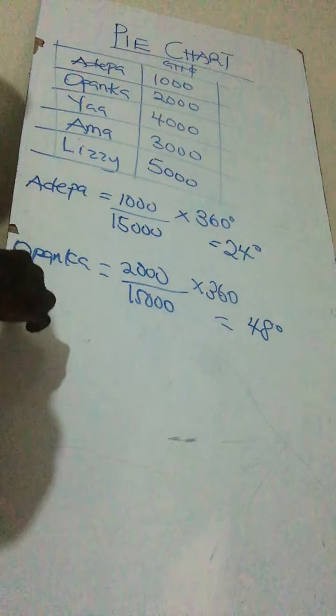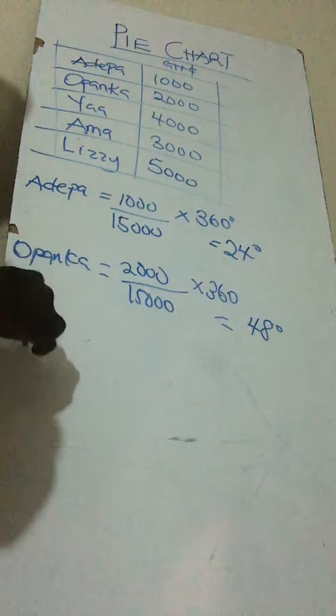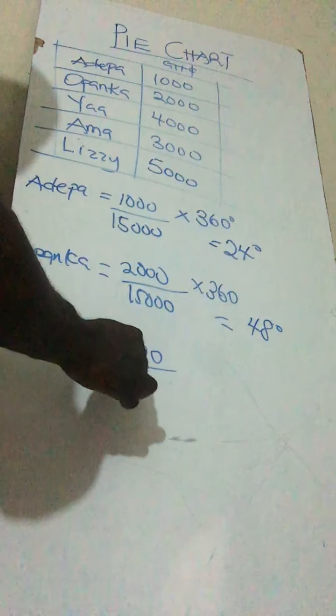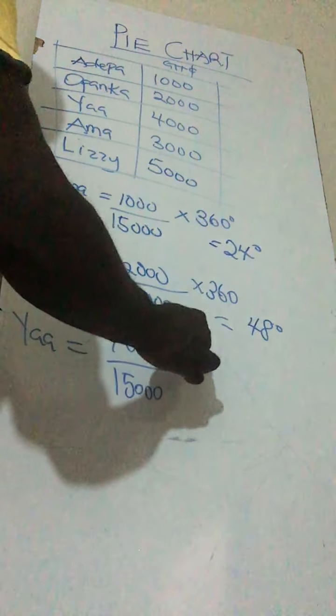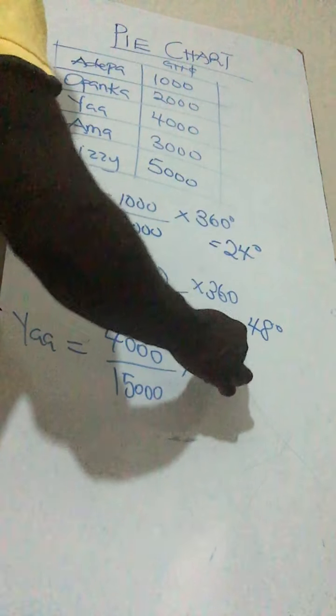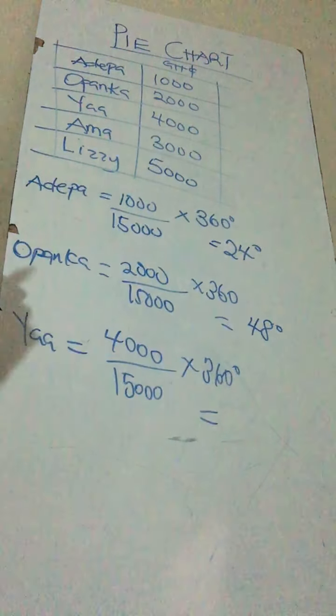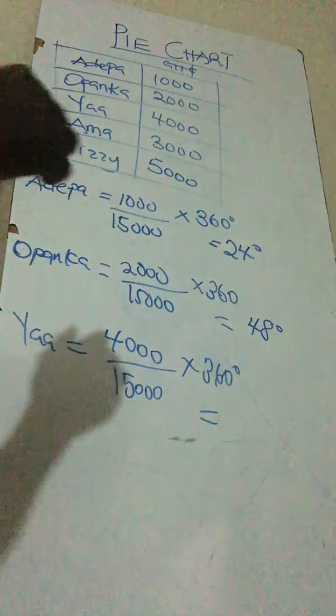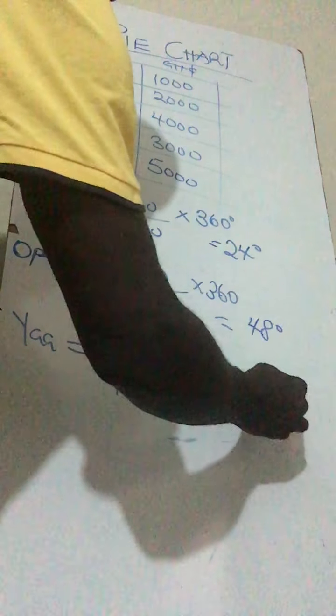Now let's come to Ya. Ya's money is 4,000 divided by 15,000 times 360 degrees. So 4,000 divided by 15,000 times 360. You get 96 degrees, right?